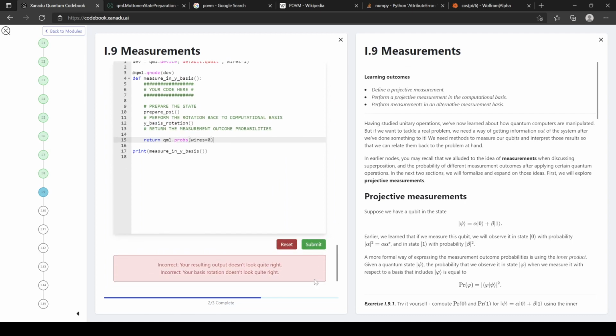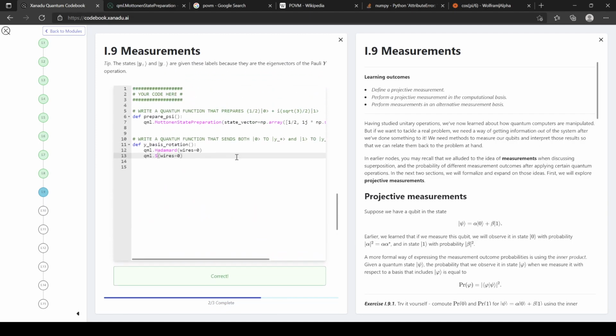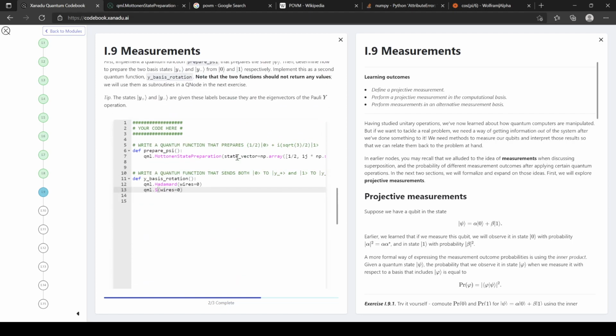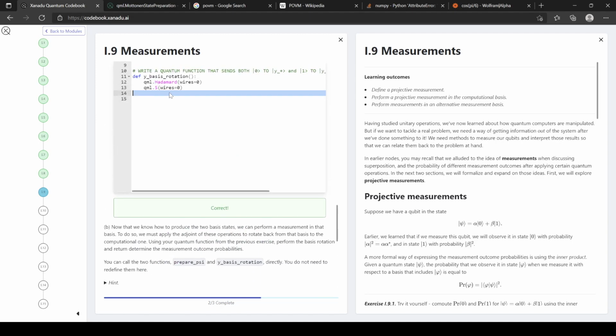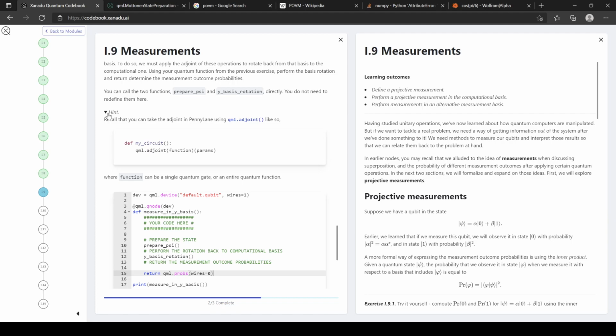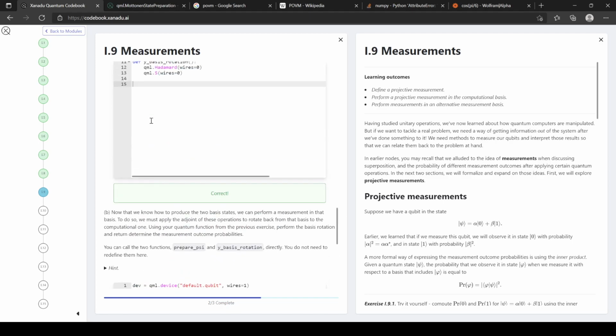Okay, well, I know that these are both right, so that's good. And I can't change them either, even if they were wrong. What's the matter? Oh, right.